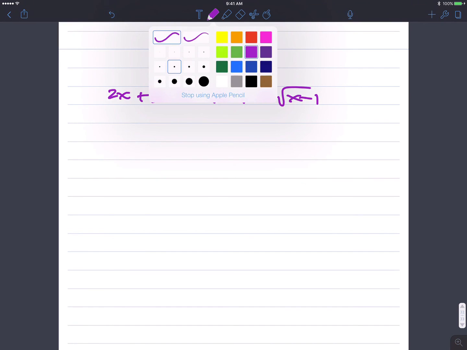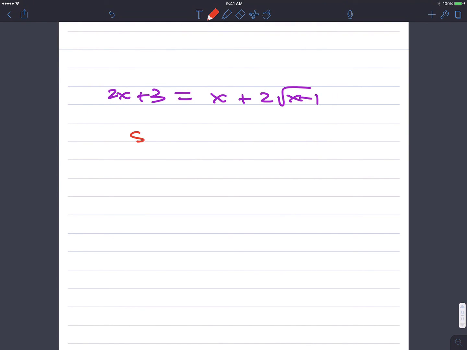And yet again, we're going to have to solve for this radical. Subtract x from both sides. You get x plus 3 is 2 square root of x minus 1.